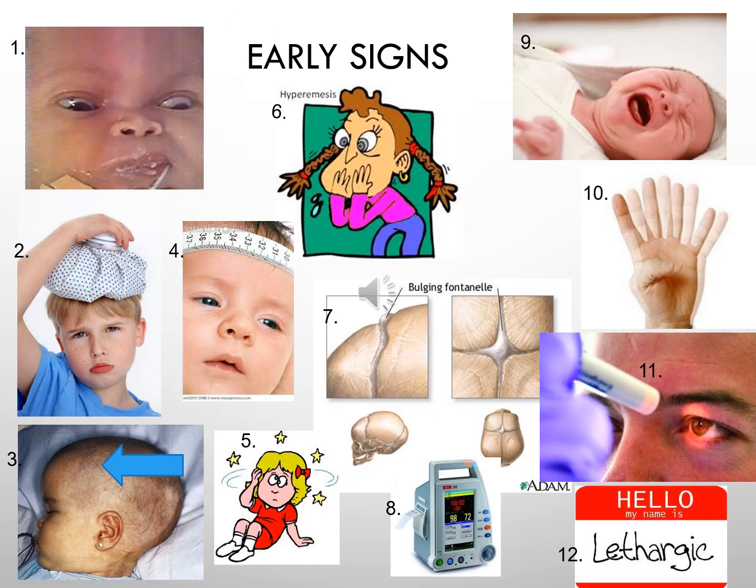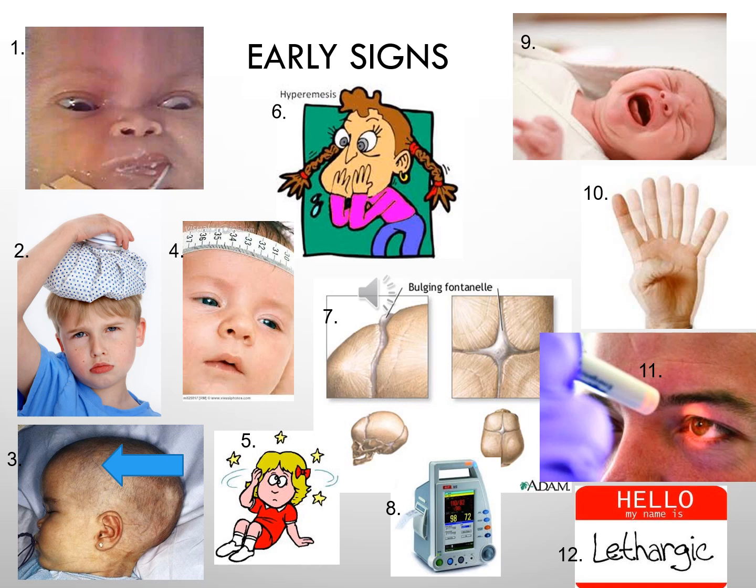So what did you come up with for early signs? Did you see those sunset eyes as in number 1? Number 2, headache. Number 3 and 4, you have that increased head circumference and those wide sutures, and then you see the dilated scalp veins. 5, dizziness. 6, nausea and vomiting. 7, bulging fontanelle. 8, changes in those vital signs. 9, we have irritability and that high-pitched cry of that little baby there.